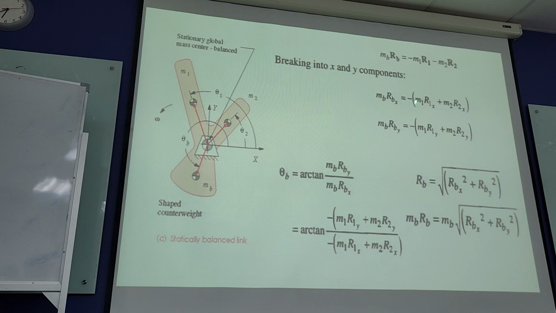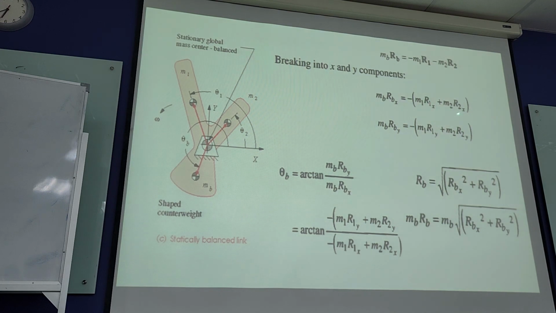What you need to calculate is MBRB, the mass of the balancing mass and the radius of the balancing mass. You can do this analytically by just calculating the x components and y components like this.